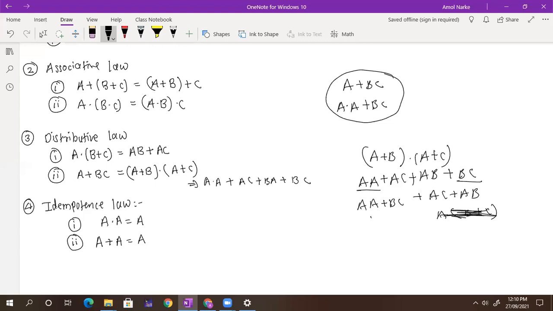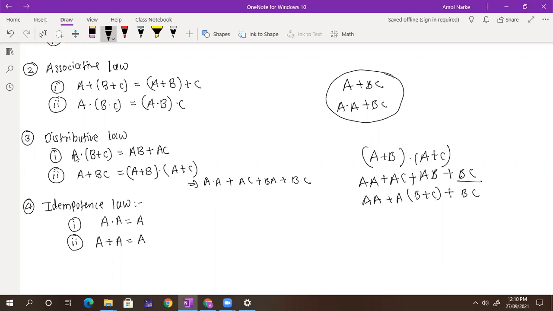Keep the term AA as it is, and BC as it is. I take A common, and what remains is C plus B, or B plus C, because it is commutative.